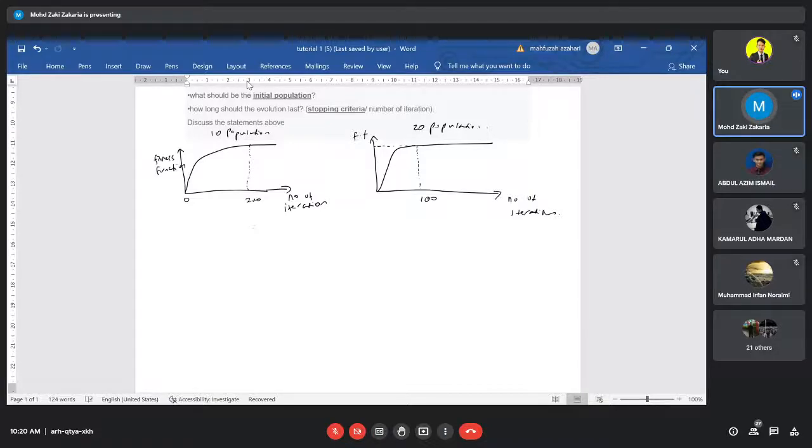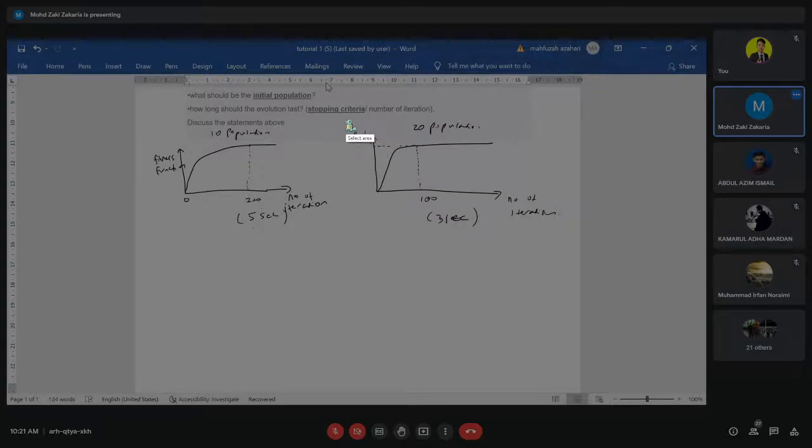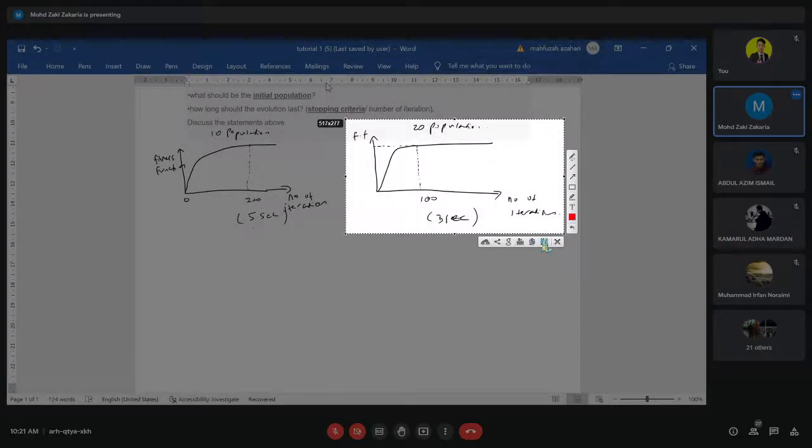For 10 population at 200 iterations, maybe it takes 5 seconds, but for 100 iterations maybe just 3 seconds. So that shows 20 population is better than 10 population.